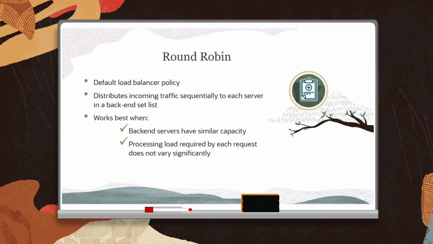Then there is another request sent to another server, another backend, and that gets completed in 10 seconds. So this is an example of processing load required by each request. In case they vary significantly, then round robin is not a choice. In case they don't vary significantly, then you can go with round robin load balancing policy.